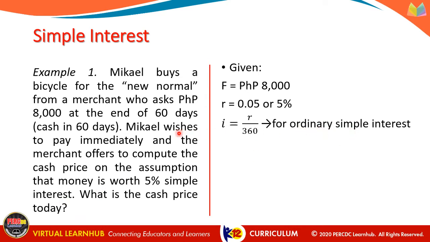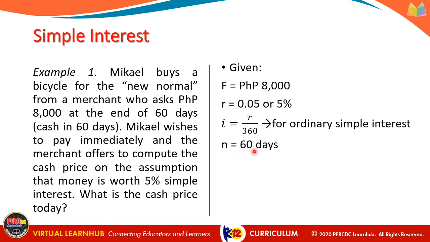Because if you come to think of it, there is no way in this kind of problem that we will be able to determine if that year is a leap year or not. So we use 1 banker's year, which is 360 days.